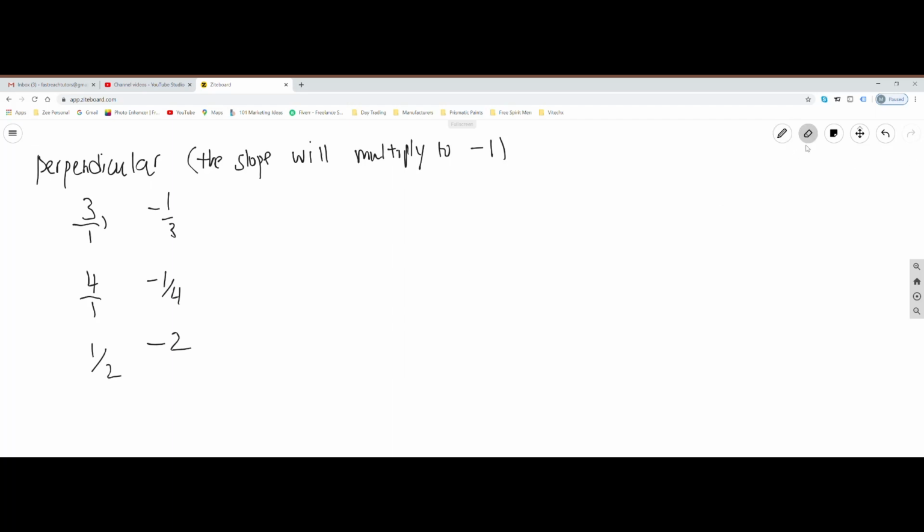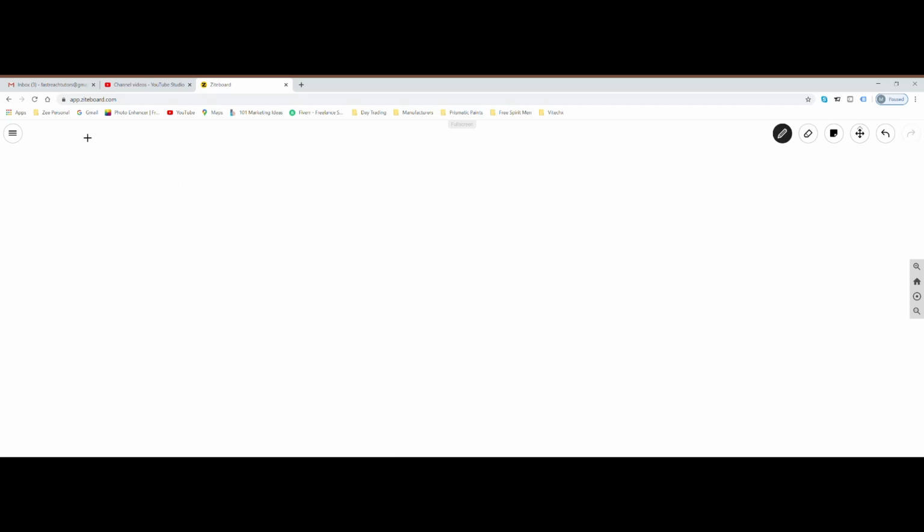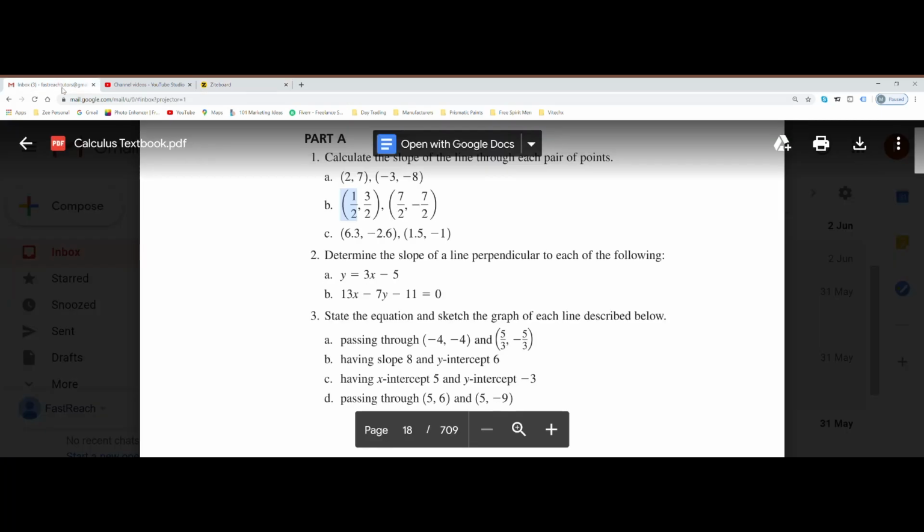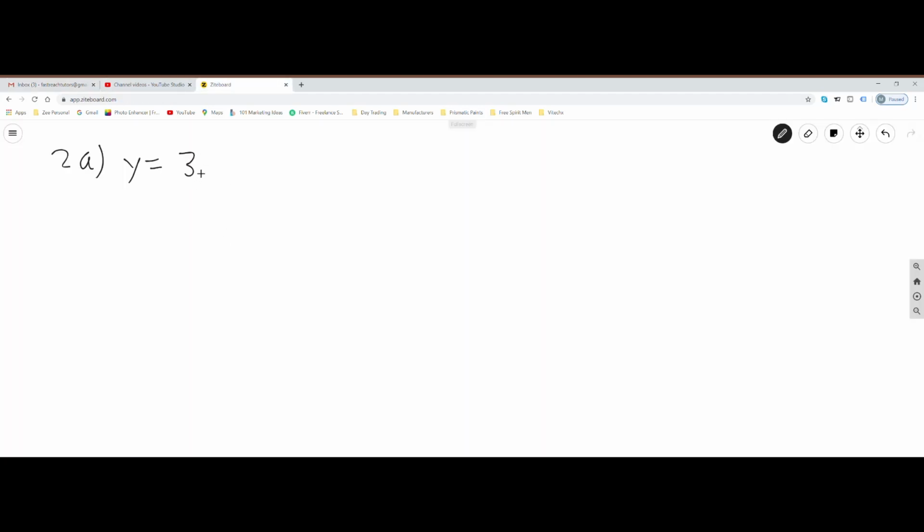So now let's do 2a. You have the equation y equals 3x minus 5. This is the y-intercept.